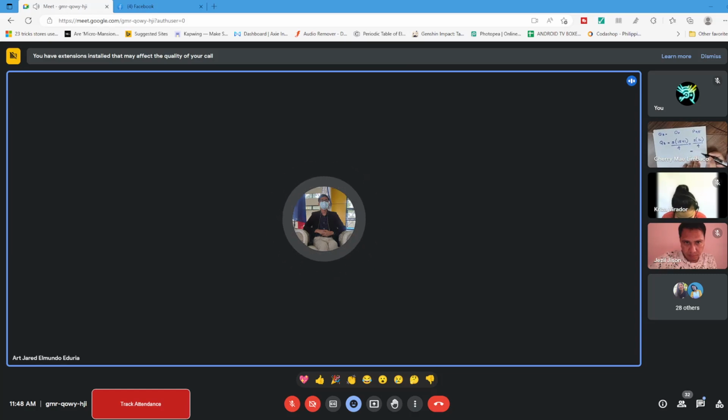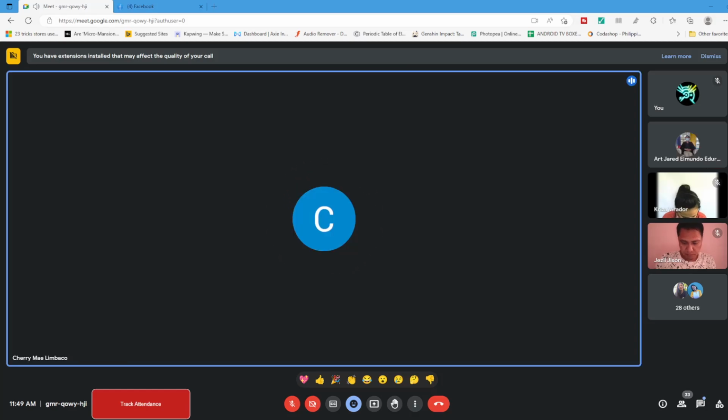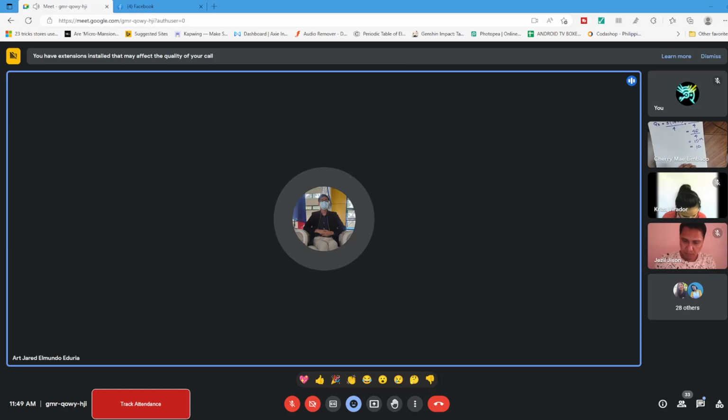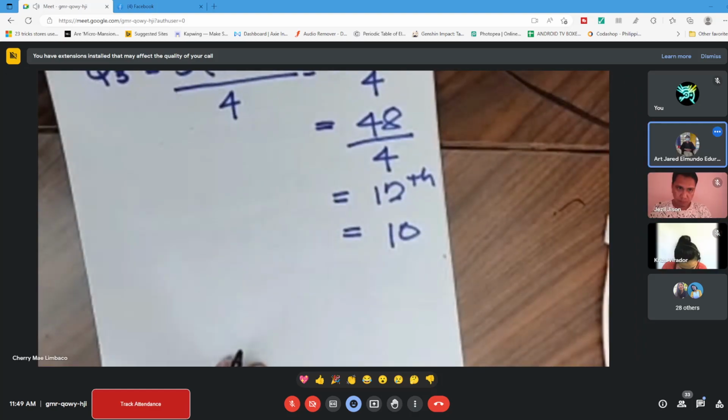And then 3 times 16 is 48 divided by 4. That is the 12th term or 12th value. And the 12th value is 10. So how are you going to interpret it? 75% of the respondents obtain scores equal to or less than 10. Okay. Nakuha?